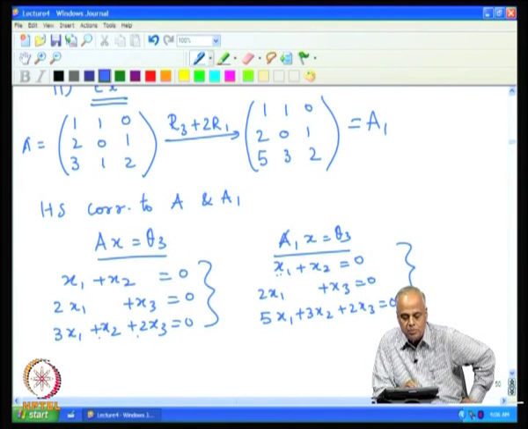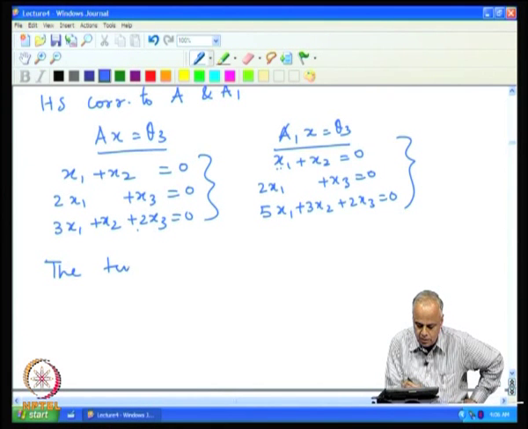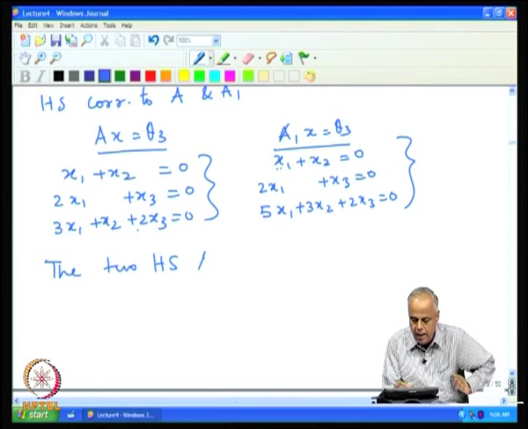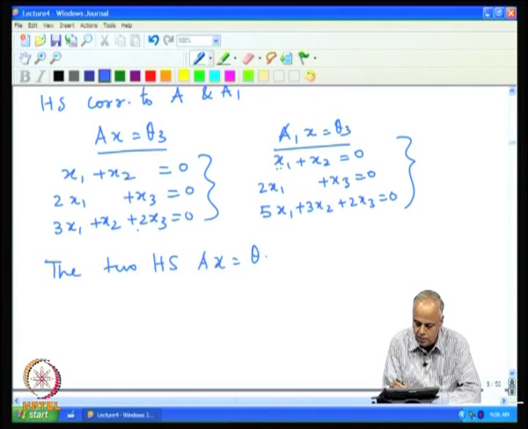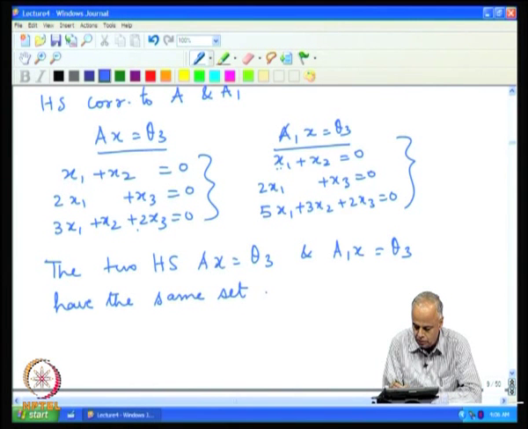Similarly, in the reverse manner. So, what we observe is that the two homogeneous systems Ax equal to theta 3 and A1x equal to theta 3 have the same set of solutions.